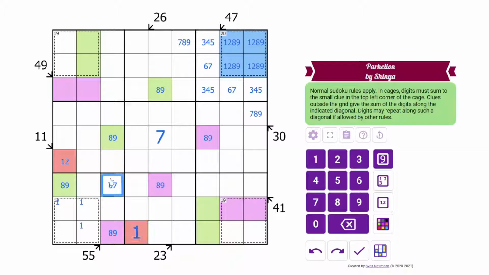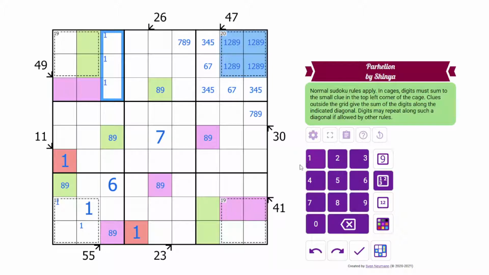So if it was 1, 1, 6, like this, then that would be a 1. That will be a 1. That will be a 1. That will be a 1.